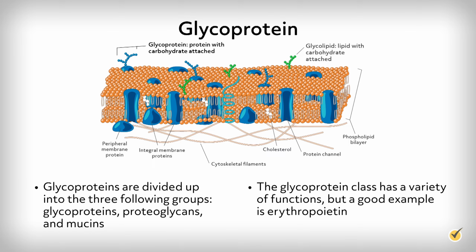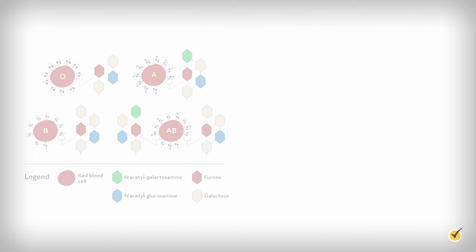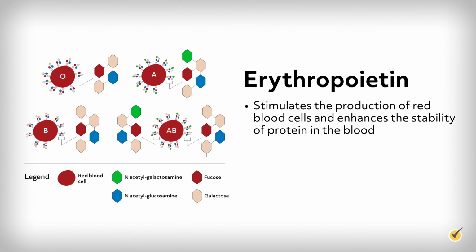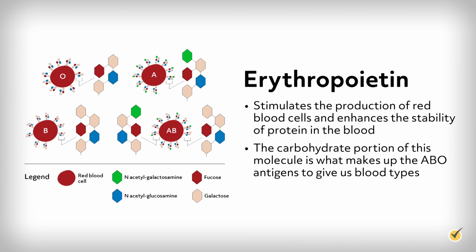The glycoprotein class has a variety of functions, but a good example is erythropoietin. Erythropoietin stimulates the production of red blood cells and enhances the stability of protein in the blood. The carbohydrate portion of this molecule is what makes up the ABO antigens to give us blood types.